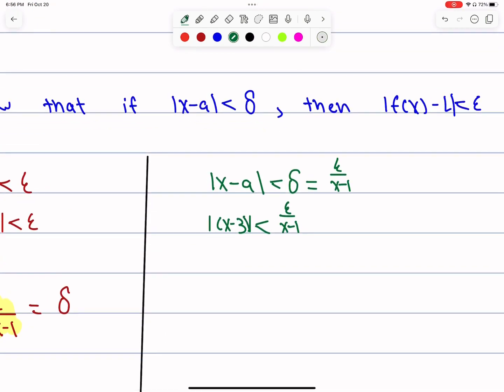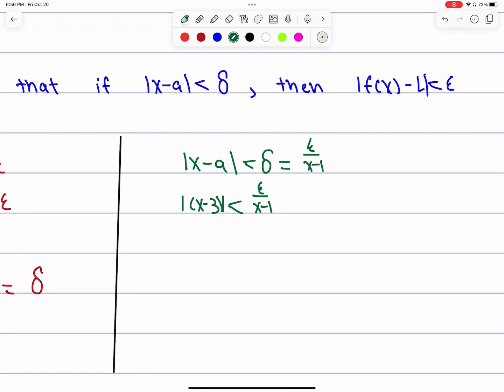This is doing the reverse process of what we just did in the previous steps. So we want to isolate epsilon. To do so, we multiply by x minus 1 on both sides to cancel out the denominator on the right side. That leaves us with the absolute value of x minus 1 times x minus 3 is less than epsilon, as shown here.